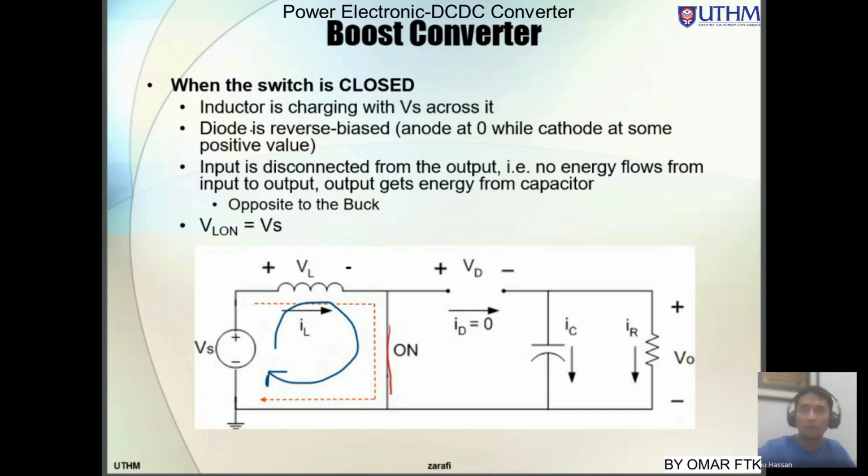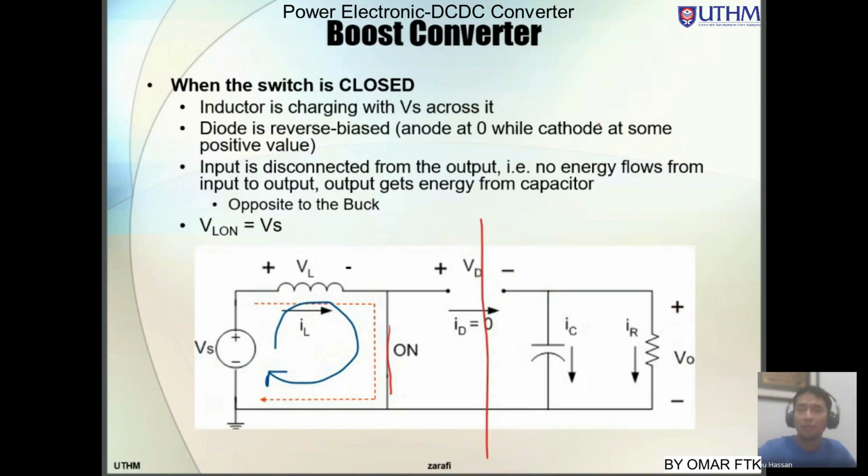During the switch on, the diode will be reverse biased, so the diode will be an open circuit, and the input is disconnected from the output. The output is separated from the input side, so the output is basically cut off.